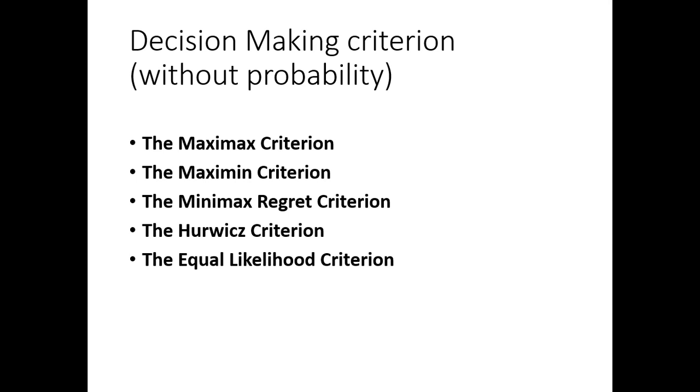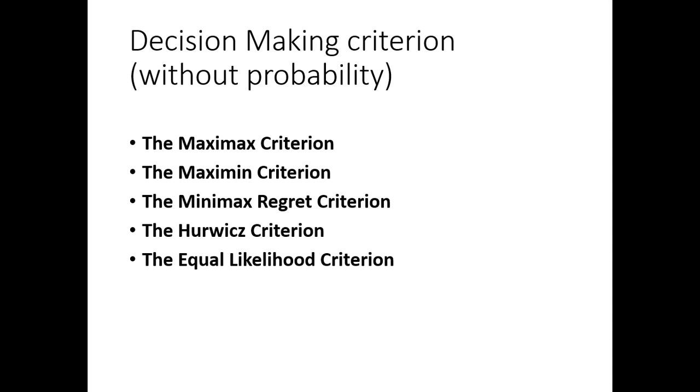When we come to without probability, the tools that we have are called the Maximax Criterion, the Maximin Criterion, the Minimax Criterion, the Hurwicz Criterion, and the Equal Likelihood Criterion.